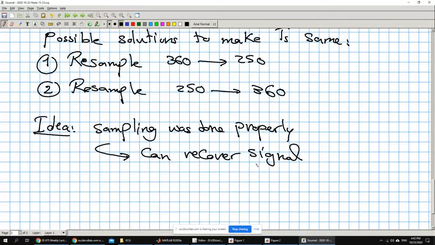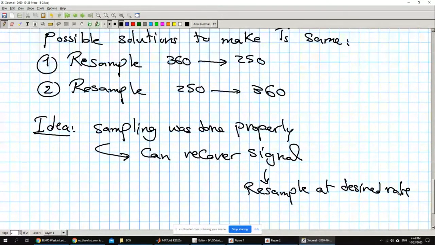Once we recover the signal, we can resample at the desired rate. Can you see the idea?